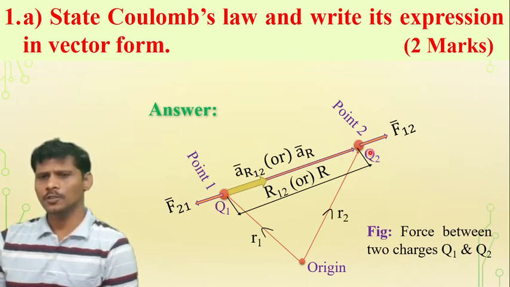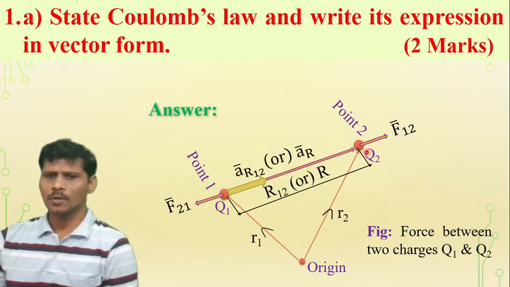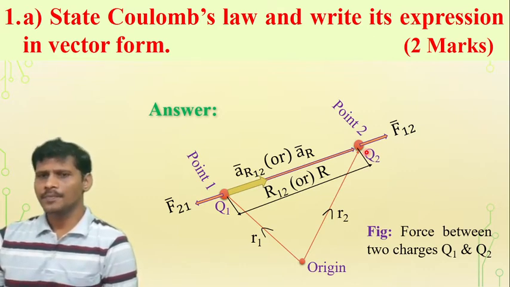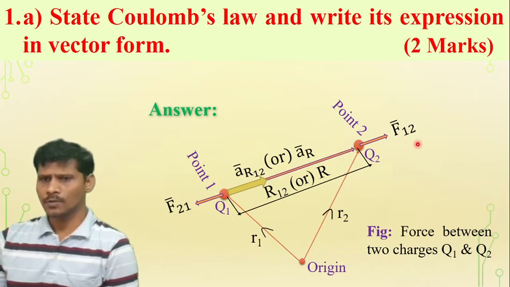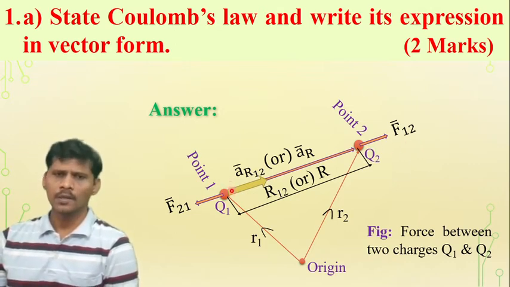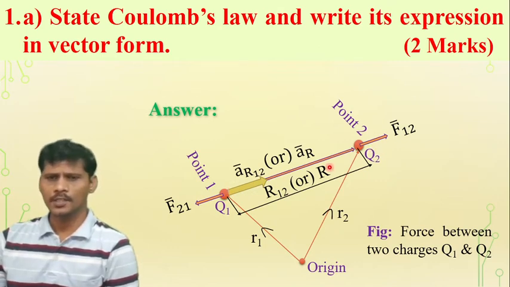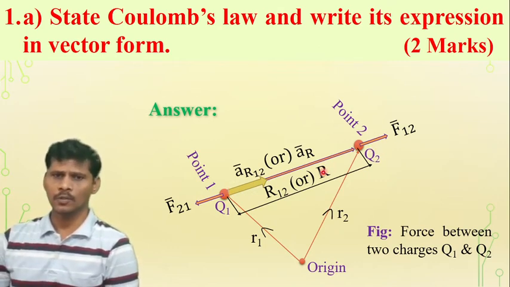At the point charge Q2, the position vector small r2 is located. We calculate the force on the second point charge due to the first point charge. Along this direction, F12 bar is the force on charge Q2 due to Q1, and the distance between these two points is capital R, R12 bar.